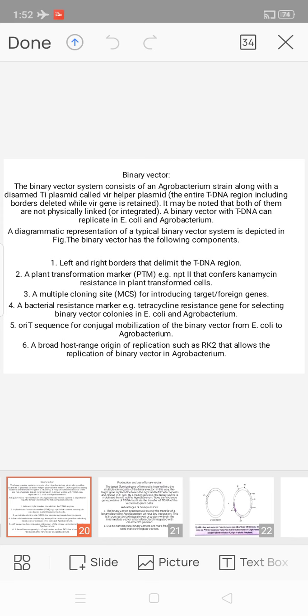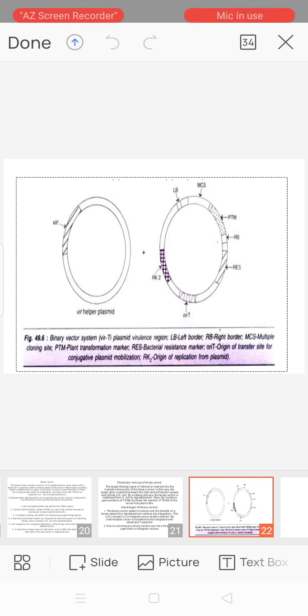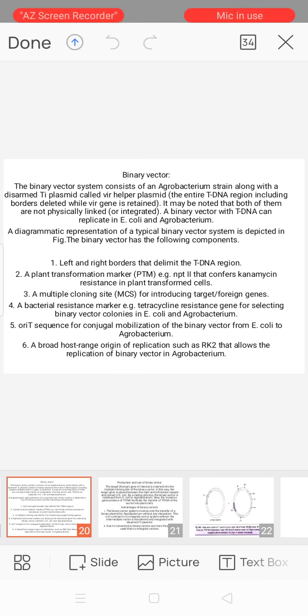And a plant transformation marker, example NPTII, that confers kanamycin resistance in plant transformed cells, and a multiple cloning site for introducing target foreign genes.